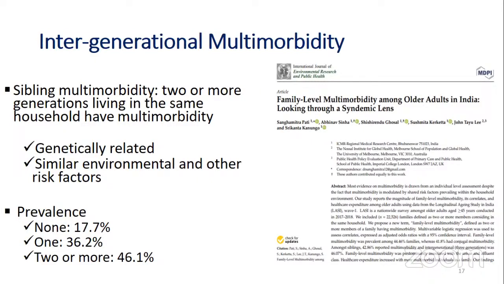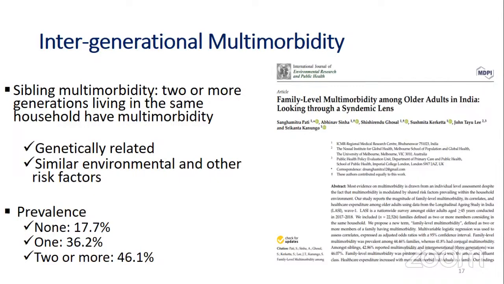Next is intergenerational multimorbidity. Sorry, there is a typo on the slide, it says sibling multimorbidity, it should be intergenerational. So two or more generations living in the same household have multimorbidity, and they may be genetically related and share similar risk factors. So we considered up to 4 generations as provided in the data.